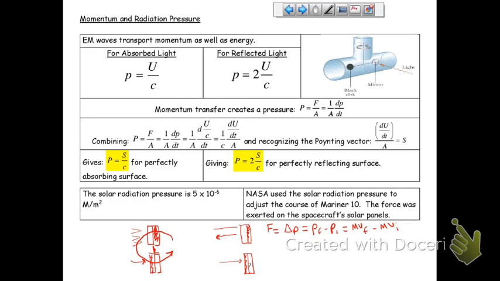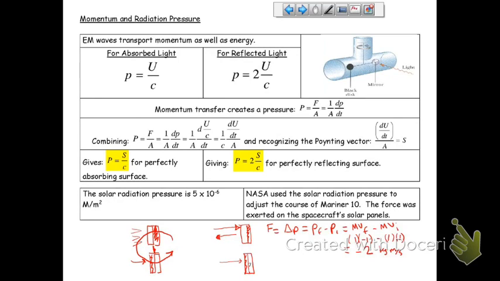So let's just make up numbers for this. That would be 1 times minus 1, because it's going in a negative direction, minus 1 times plus 1, because it was coming in a positive direction, which equals minus 2 mv, kilogram meters per second.